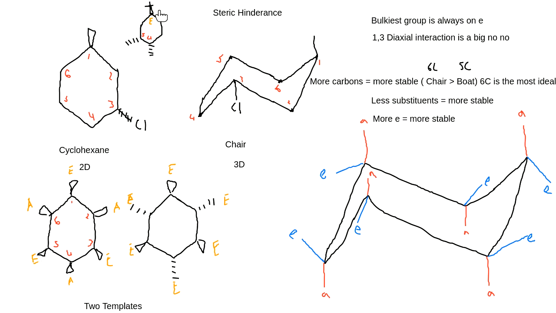So if instead of both wedges, I have both dashes, I am going to flip whatever I have on my template. So if it's supposed to be a wedge, but I have a dash instead of axial, I'm going to flip it to equatorial for carbon 4. And carbon 5, I'm supposed to have a wedge, but I have a dash. I'm supposed to have an equatorial, so I'm going to have an axial.